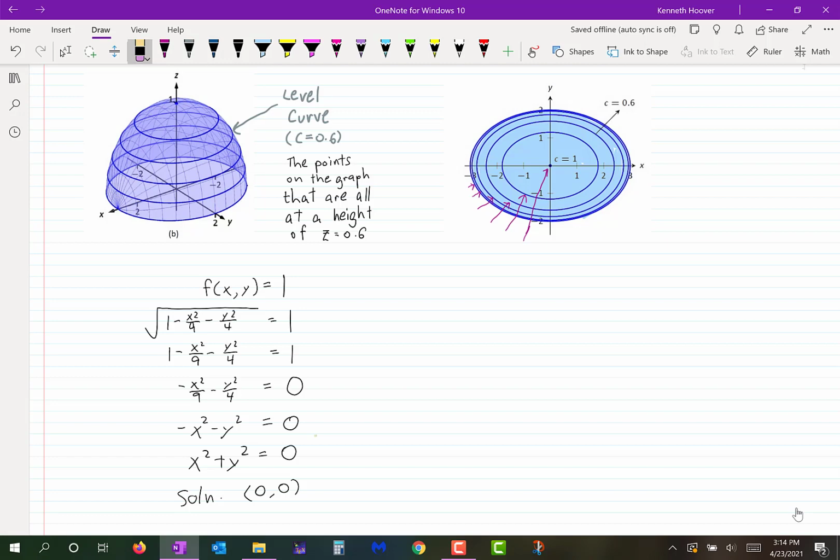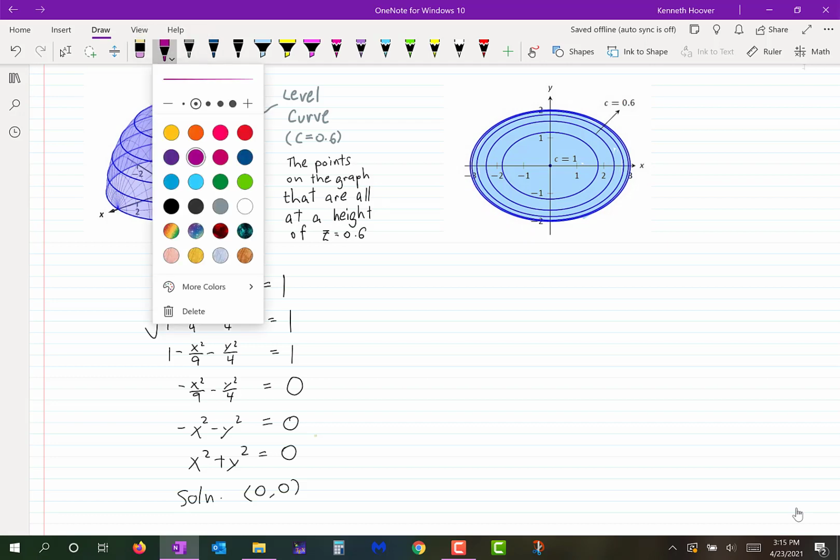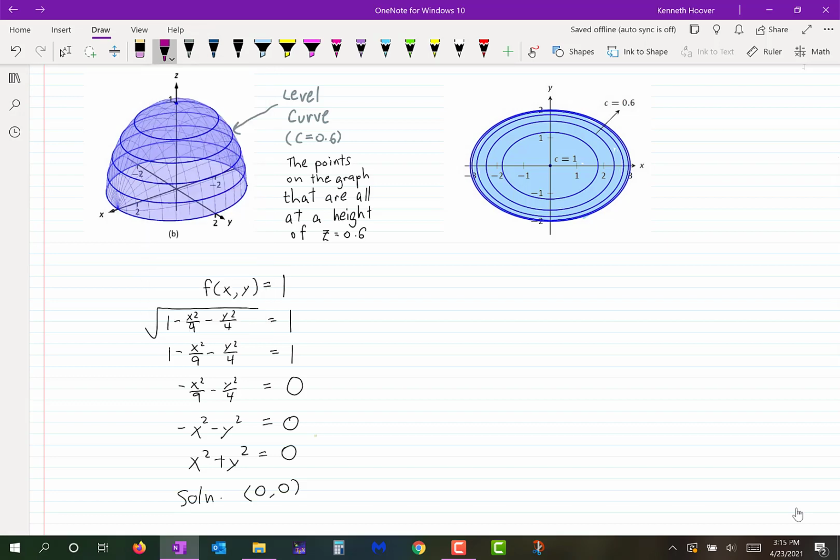Let's go through all 6 level curves again. Oops, I erased the shading on the inside. I didn't quite mean to do that. Okay, so let's go through all 6 level curves in the domain that they've shown, and find the corresponding locations on the graph.